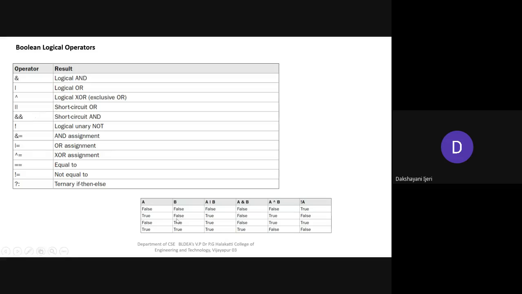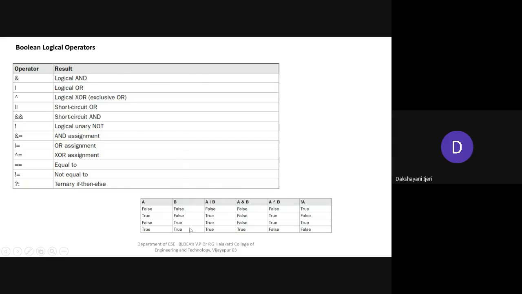This is just an example to show you how these Boolean logical operators work. As with the bit operators, where they operate on the bits 0 and 1, these Boolean operators work on Boolean values. Which are the two Boolean values? The two Boolean values are true and false itself.